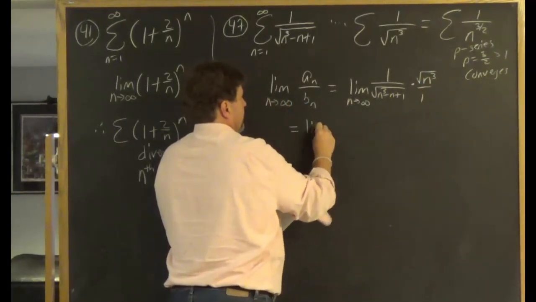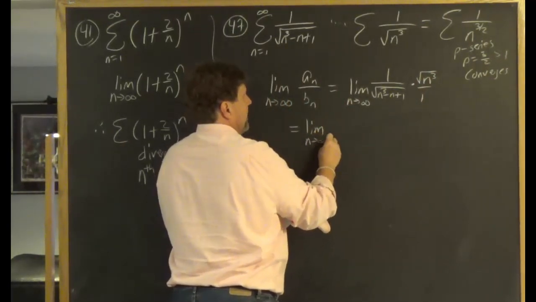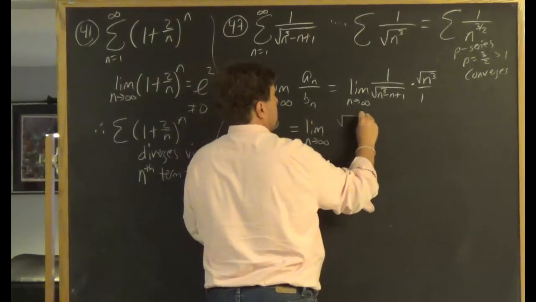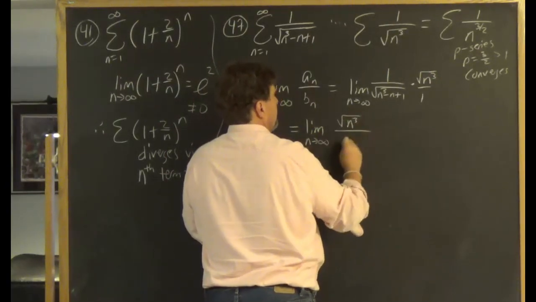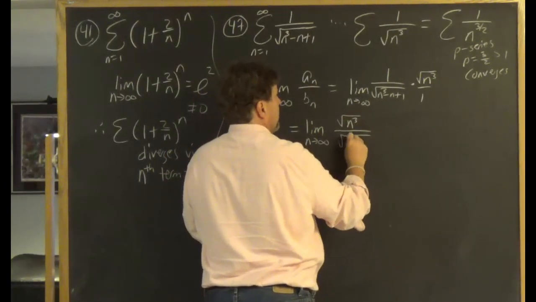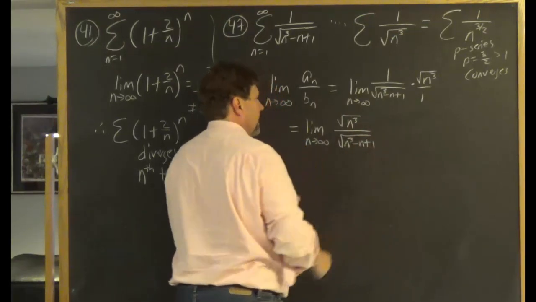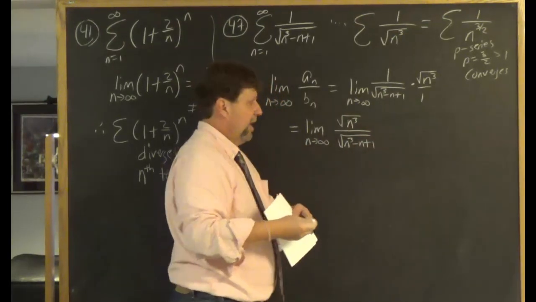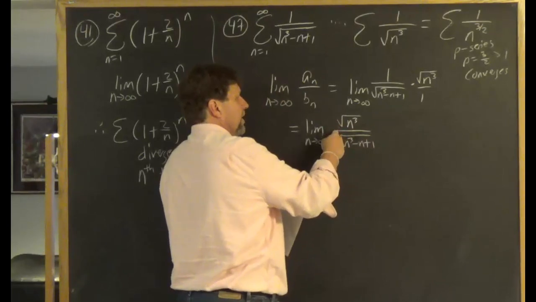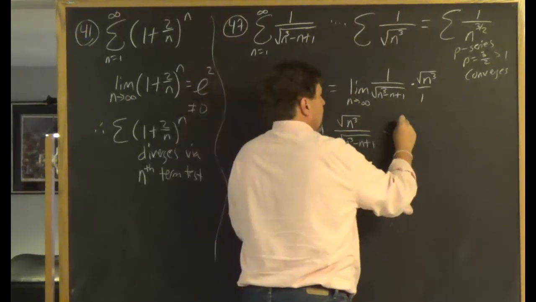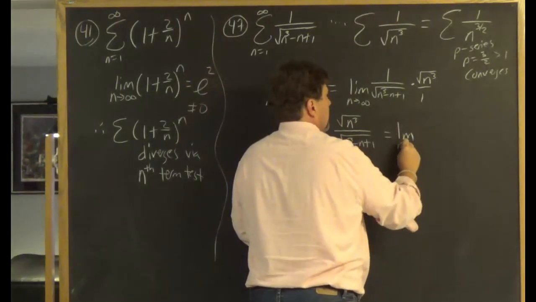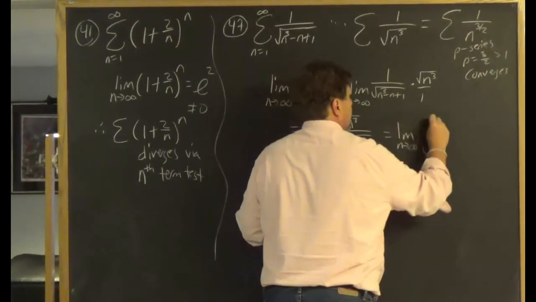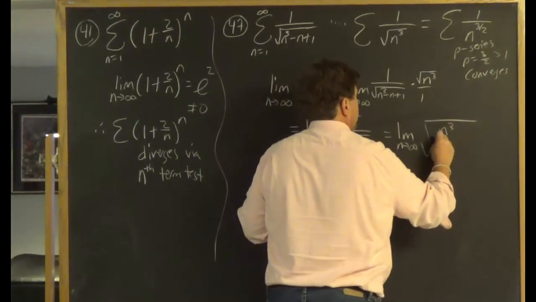And, well, we multiply the fractions together then, and we get the square root of n cubed over the square root of n cubed minus n plus 1. That old property of radicals. I can rewrite the square root over a square root as one big square root of the fraction.